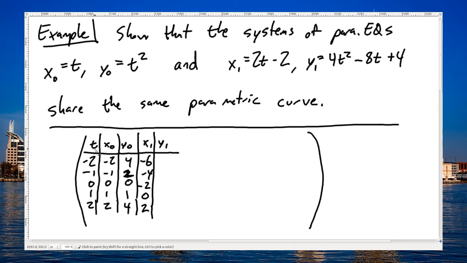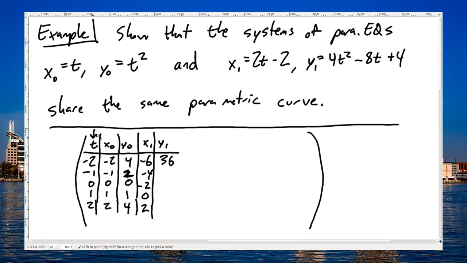Then if I plug those same numbers over here into y1, it takes a little bit more work, but let's see what that gets. That'd be 4 times 4 is 16, minus a -16 would be 32 plus 4. Oh goodness, that would be 36. Plug in -1 for t.